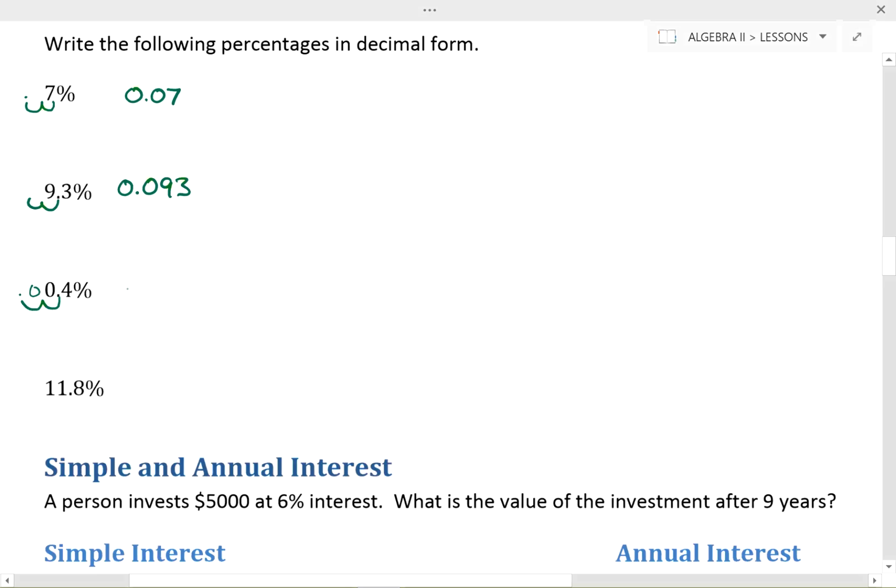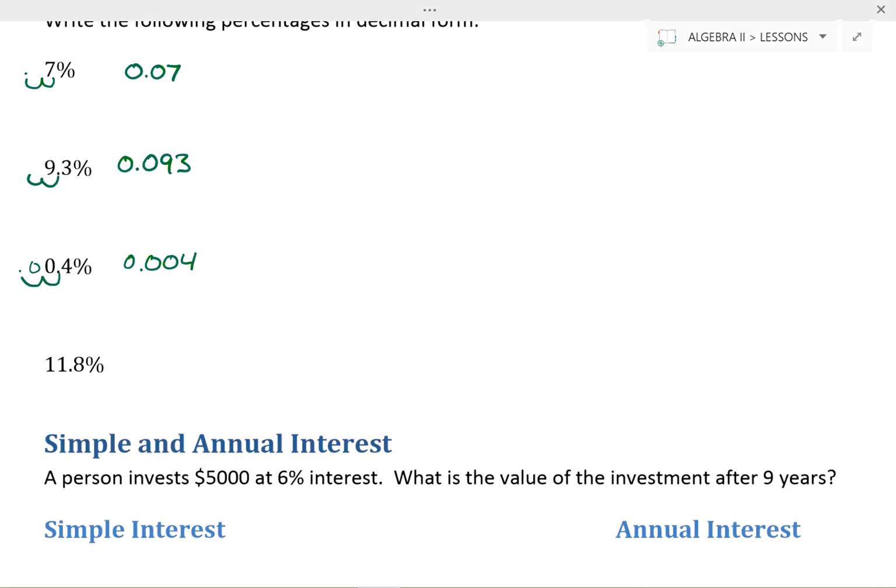So this becomes 0.004. And then the last example here, 11.8%. Again, moving that decimal place over two to the left produces 0.118. So it's going to be critical that we remember how to convert from a percentage to a decimal for these equations.